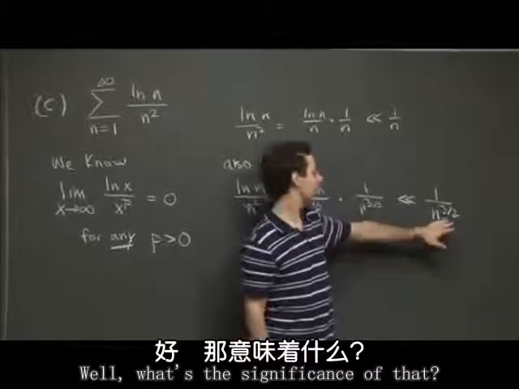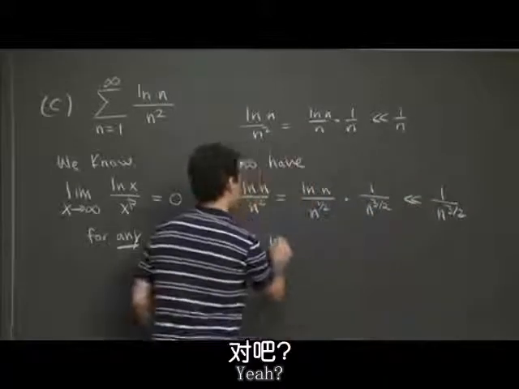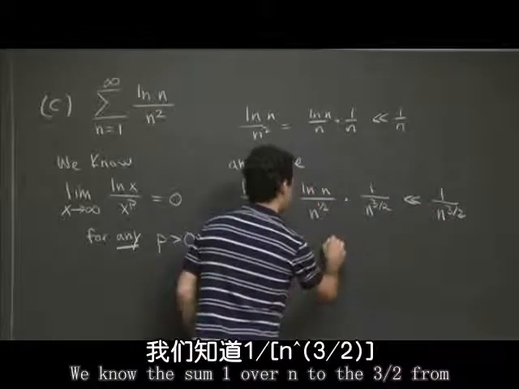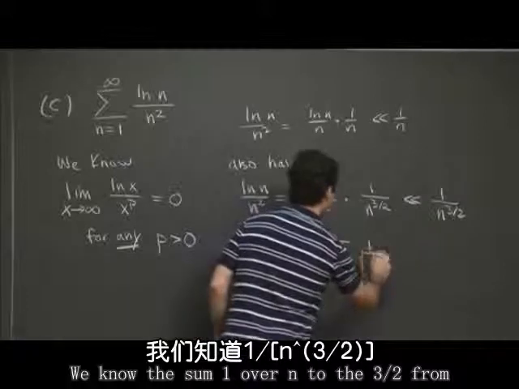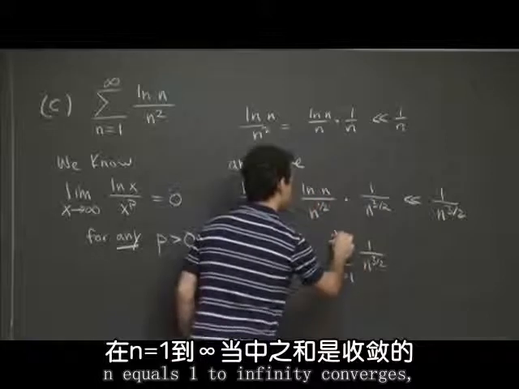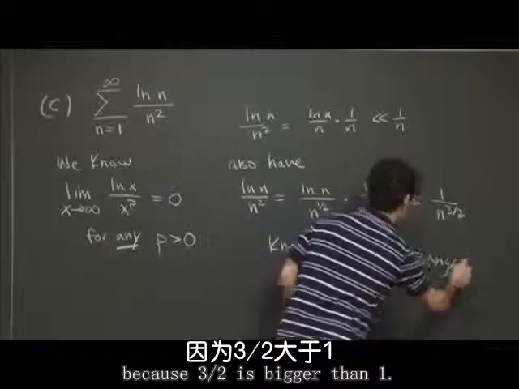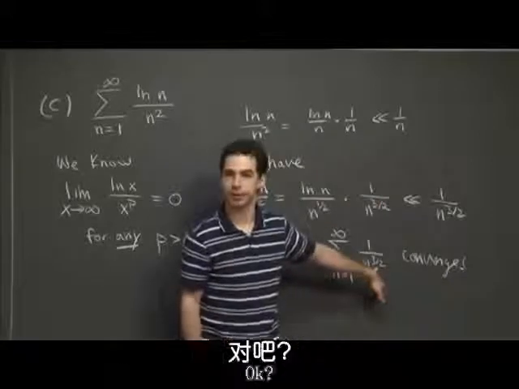Well, what's the significance of that? Well, we know the series 1 over n to the 3/2 converges. Yeah? We know the sum 1 over n to the 3/2 from n equals 1 to infinity converges because 3/2 is bigger than 1.